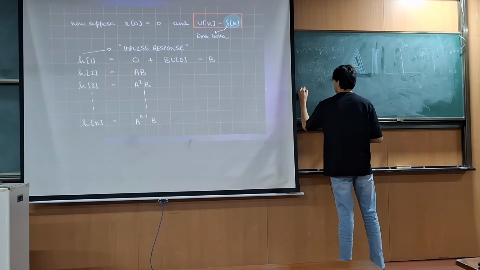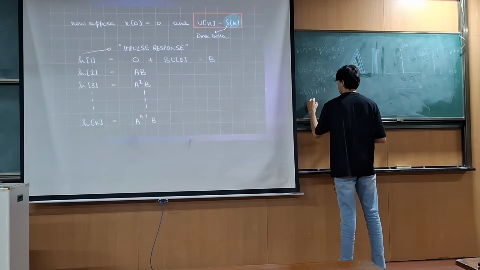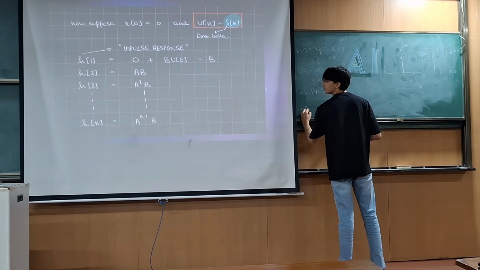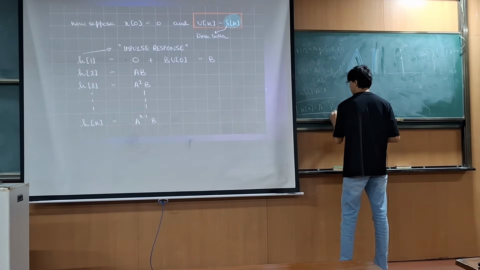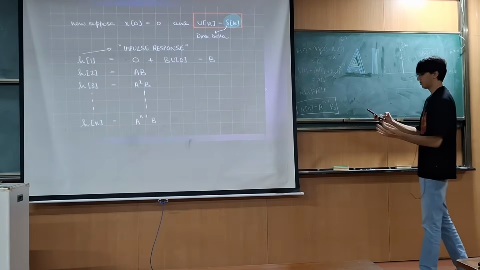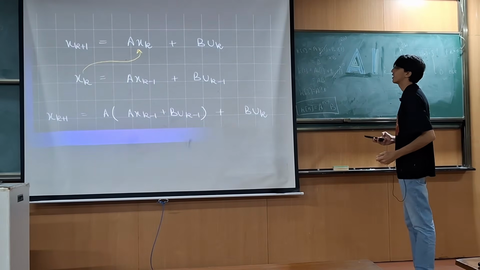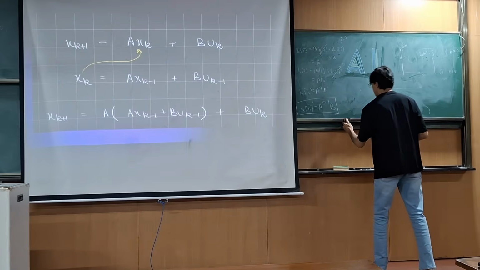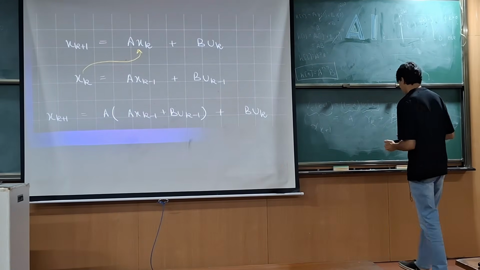Now we do it similarly for h of 3, which gives us A squared B, and by induction, h of n would be A to the power n minus 1 times B. This is the impulse response of the system. Now let's substitute and back substitute in the equation that we had and see what's happening.